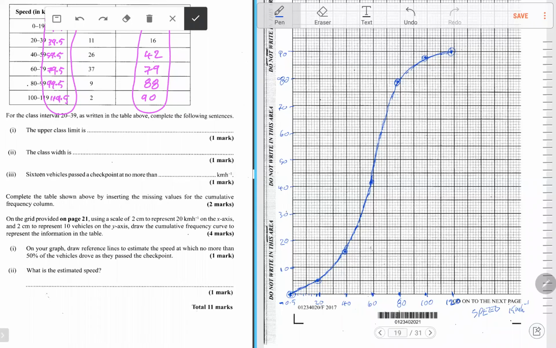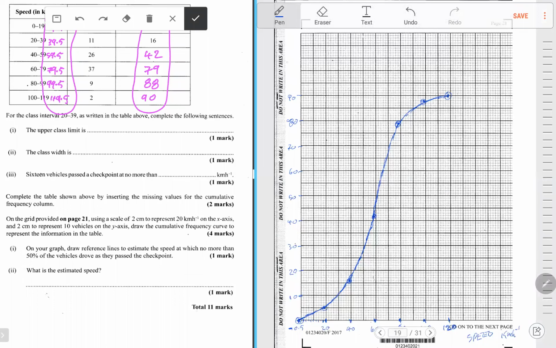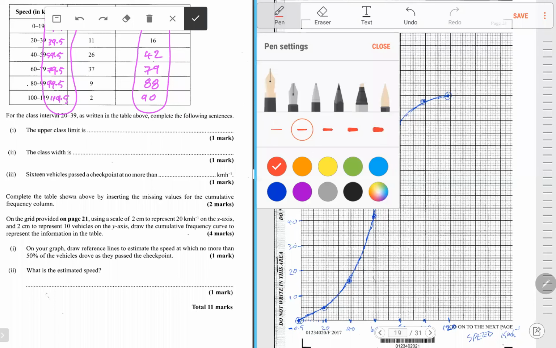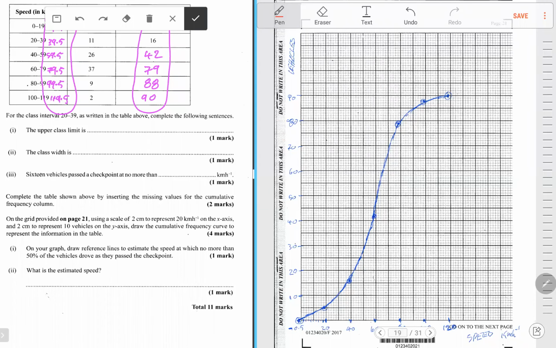And up here we have the number of vehicles, the 90 vehicles. 50% of the vehicles is 45 vehicles. So let's use a different color for that part. Let's use red. 45 right here is 50% of the vehicles.